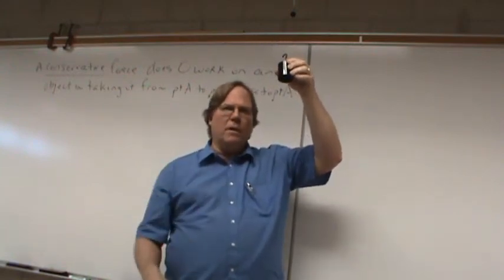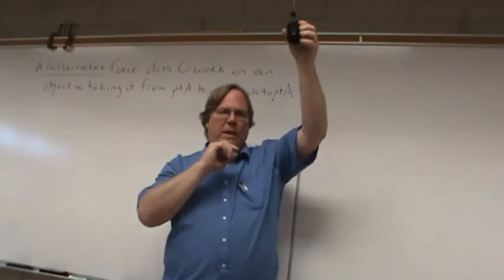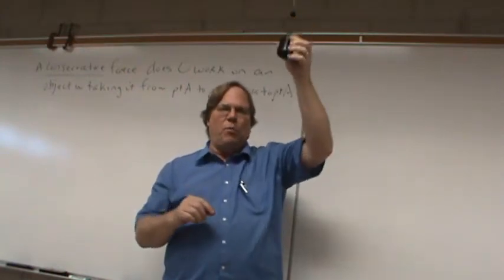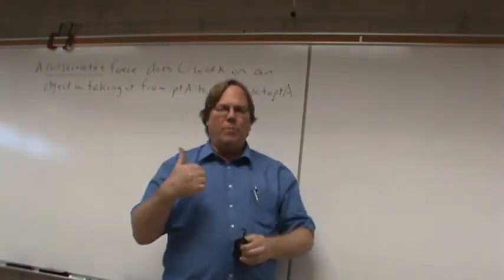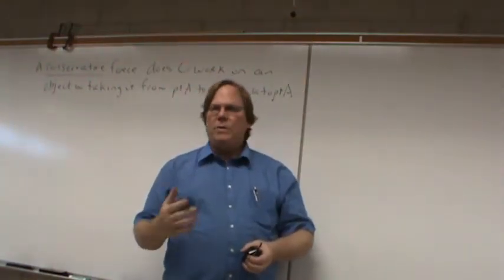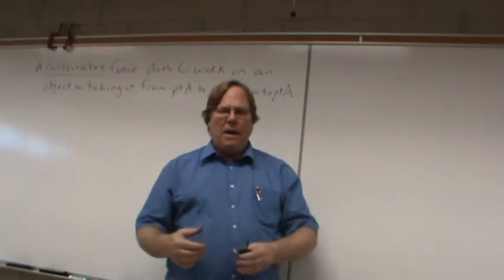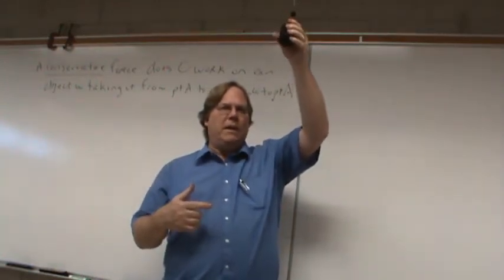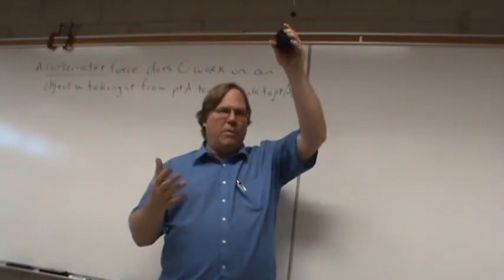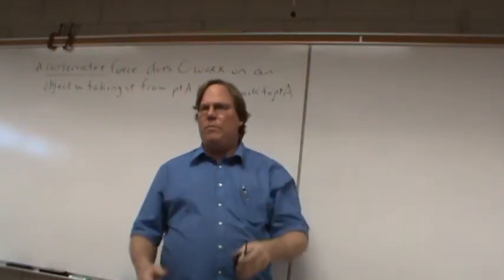Good, negative work. And then this object gets to point B and starts falling. And as it goes from point B to point A, what kind of work is gravity doing now? Positive work. And I hope you see that just mathematically, the negative work it does in taking the object from point A to point B is going to be equal but opposite to the positive work that gravity does in going from point B to point A.